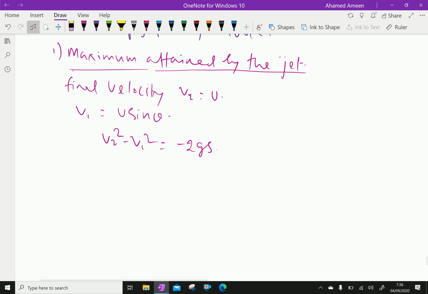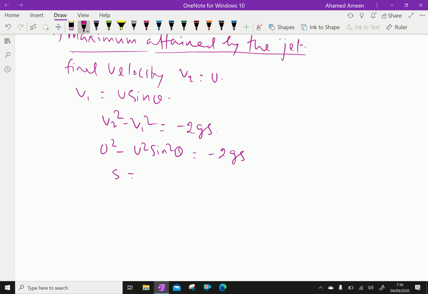Therefore we have 0 squared minus u squared sine squared theta equals minus 2gs. From this, s equals u squared sine squared theta by 2g.